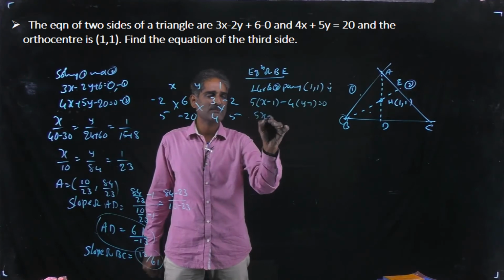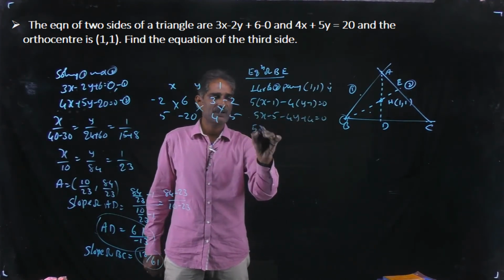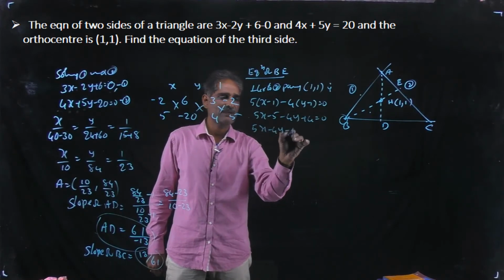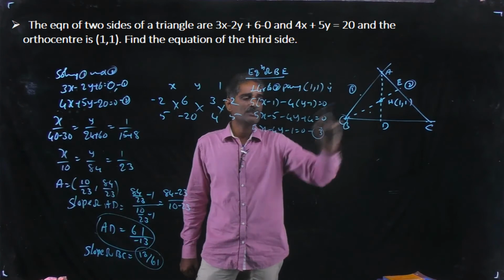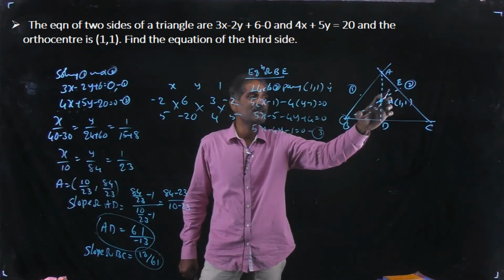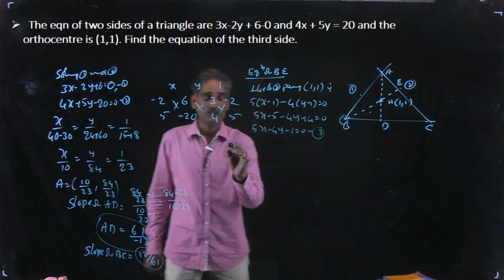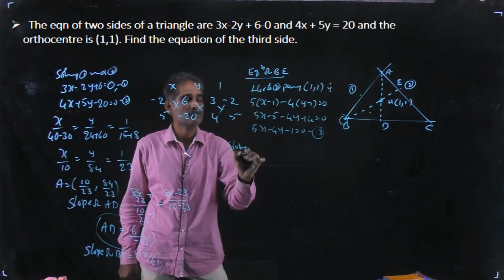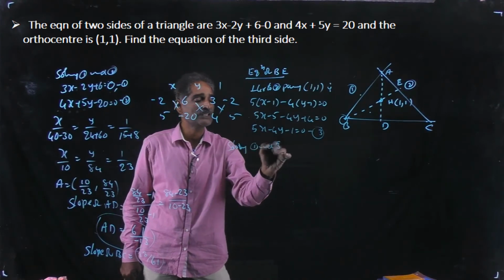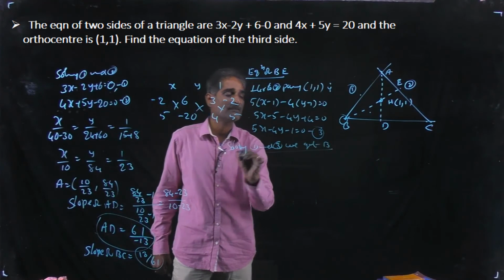Therefore 5x minus 5 minus 4y plus 4 equal to 0, that is 5x minus 4y minus 1 equal to 0. Let it be 3. Now this is the equation of BE. Solving 1 and 3 we will get the point B.